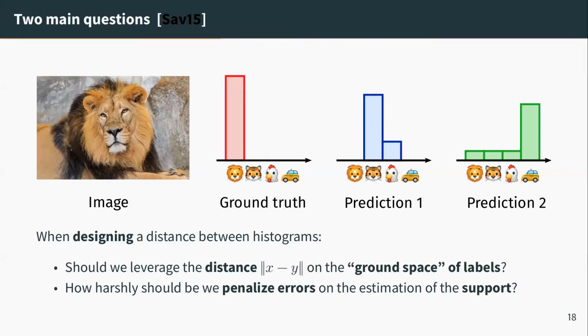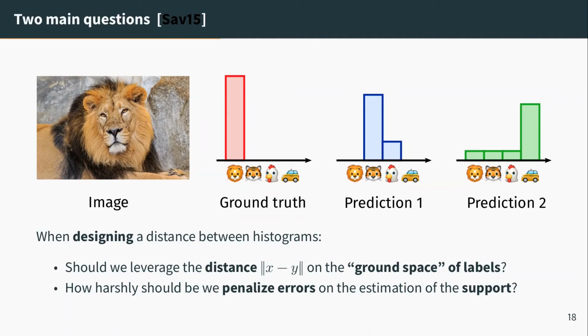So first, we have to realize that whenever we define a distance between histograms or densities, we have to make two main choices, answer two main questions. The archetypal thing that we have in mind is image classification, the high-dimensional equivalent of the logistic regression example that we saw earlier.